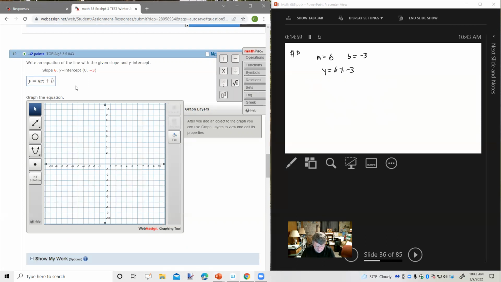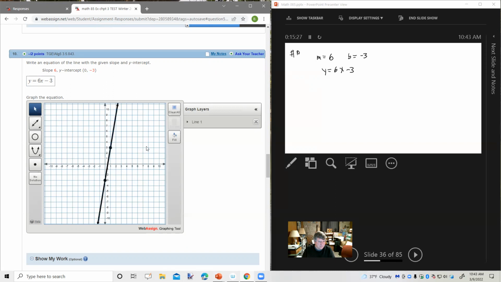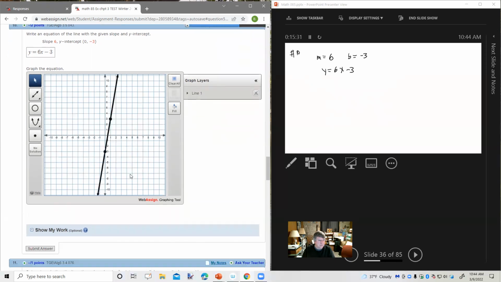Oh, except that I'm supposed to put in the actual numbers, aren't I? Y equals 6x minus 3. Graph the equation. Well, I know that the y-intercept is at (0, -3), and the slope is 6. So from there, I'm going to go up 1, 2, 3, 4, 5, 6, and over 1. And there you go.